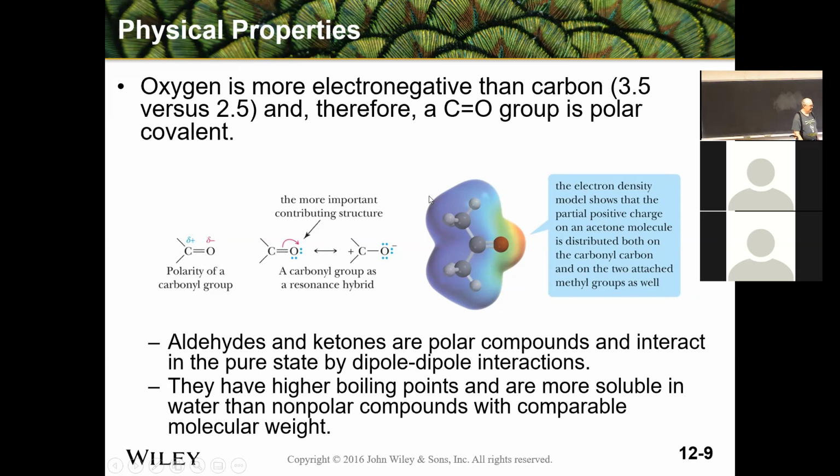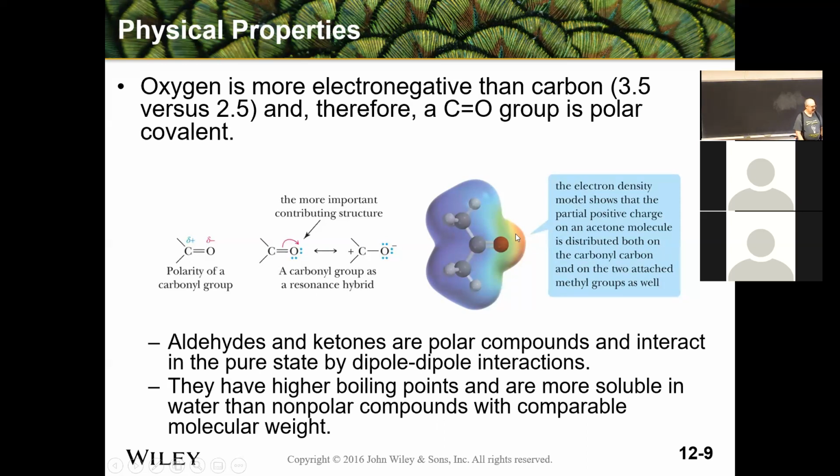Okay, you can see that, not only is there a dipole moment, but if we look at the resonance structures, there's a minor contributor that actually has a full positive charge on the carbon and a negative charge on the oxygen.